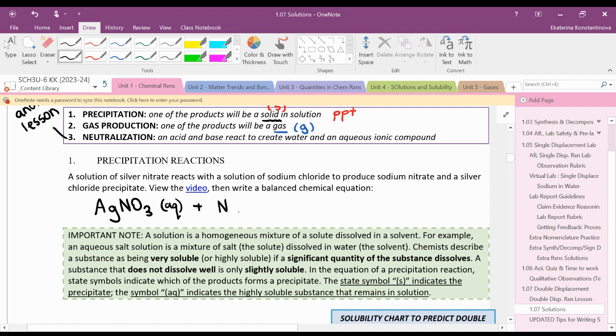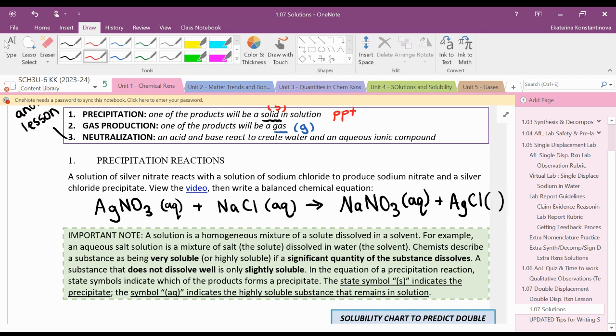It even tells you in the question, so that means the state has to be aqueous. It will produce sodium nitrate, which remains in solution, so aqueous, and it will produce a silver chloride precipitate.